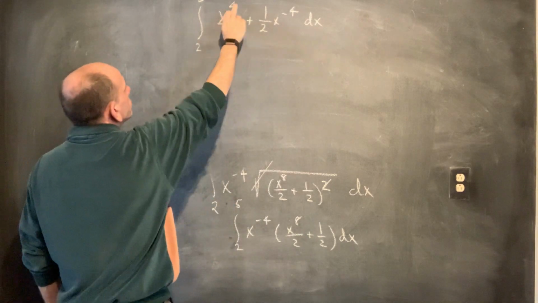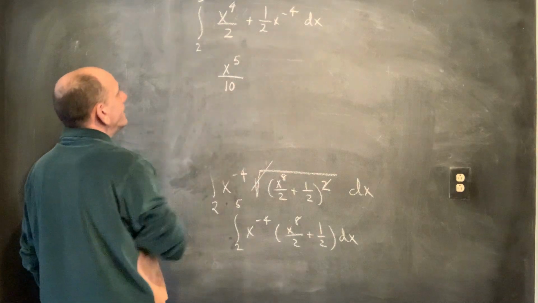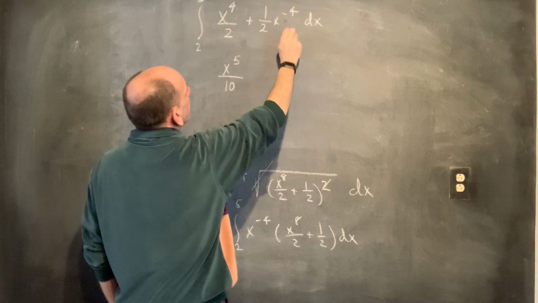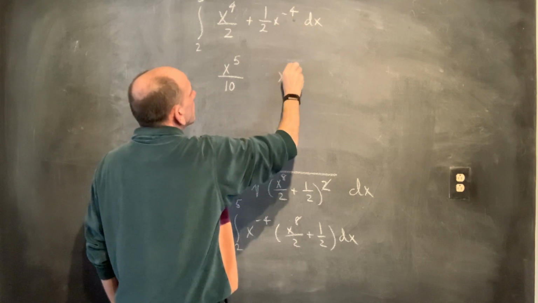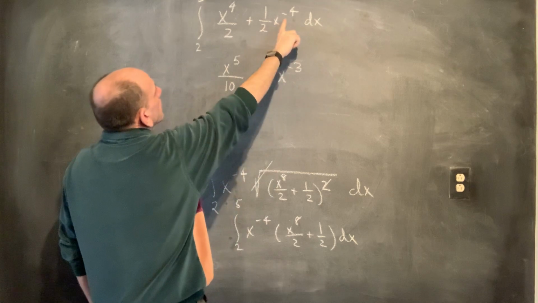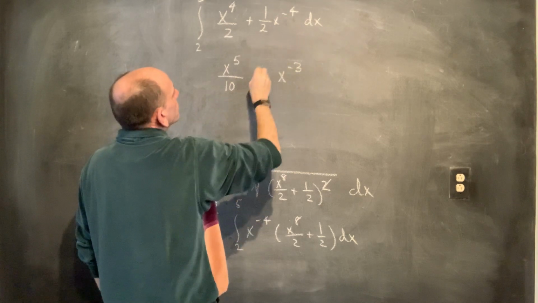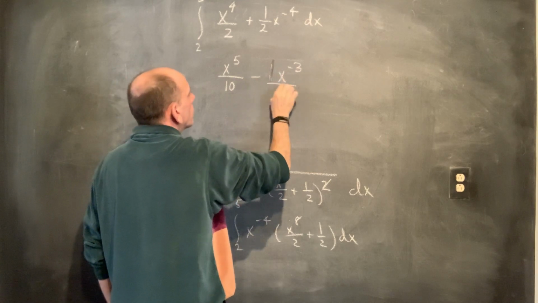So let's see, x to the 5th over 5, so that would be a 10. Okay, we got to add 1, that's going to be a negative 3. Divide by the new power, so this is going to be a minus 1 over 6.